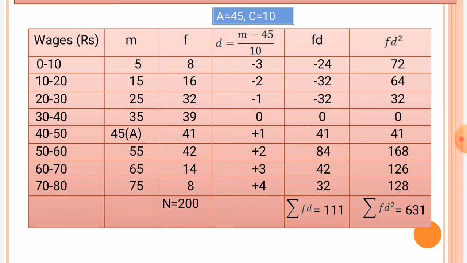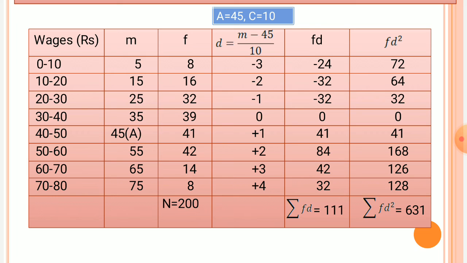And then f into d, fd: 8 into minus 3 is minus 24, 16 into minus 2 minus 32, 32 into minus 1 minus 32, 39 into 0 is 0, 41 into 1 is 41, 42 into 2 is 84. So like that.